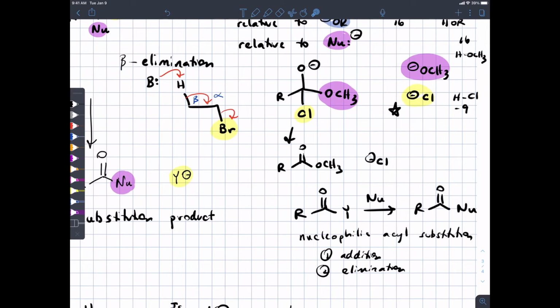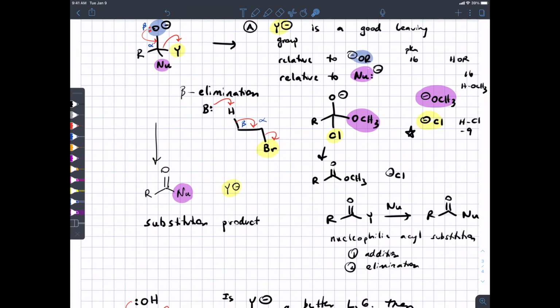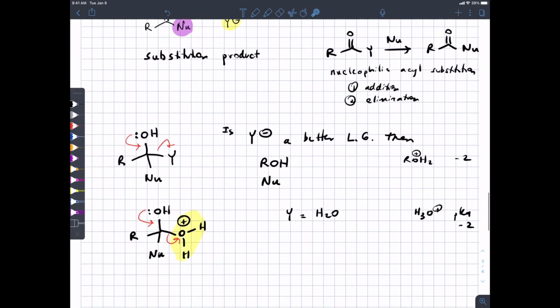All right, that was scenario A, where Y is a good enough leaving group to be kicked off by the oxygen of the tetrahedral intermediate, and it's a better leaving group than the nucleophile.